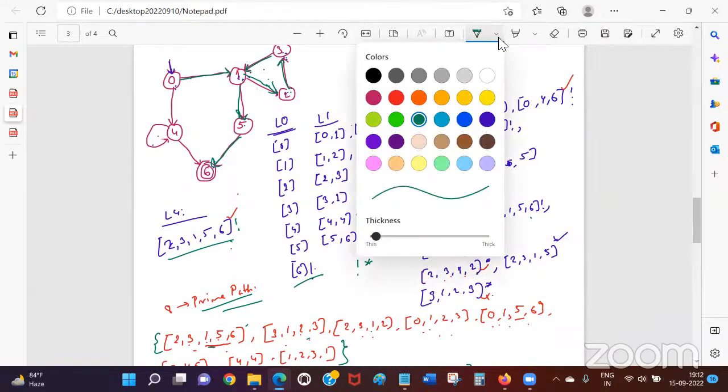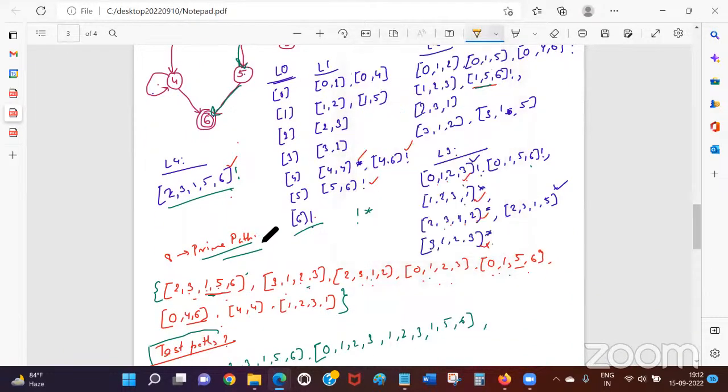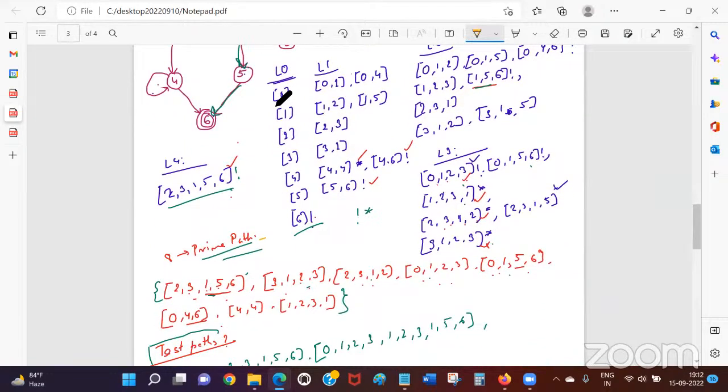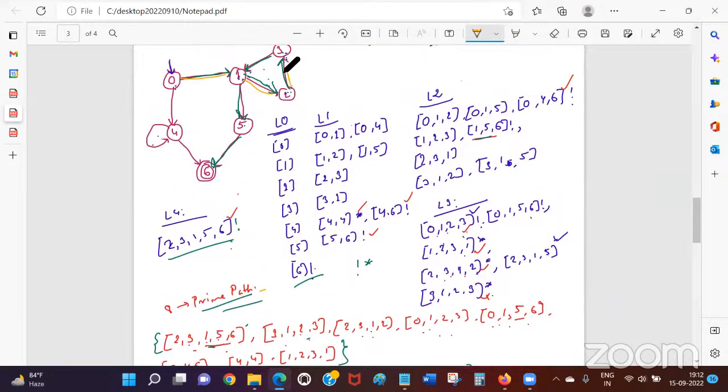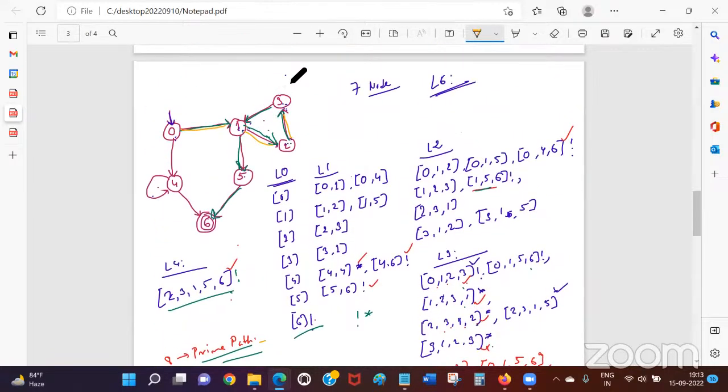So let me take another color. Let me draw this 0, 1, 2, then 2, 3, then 3, 1, 2, 3, 1, 2.